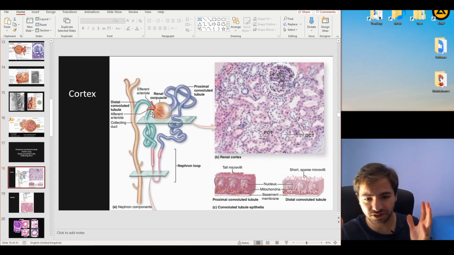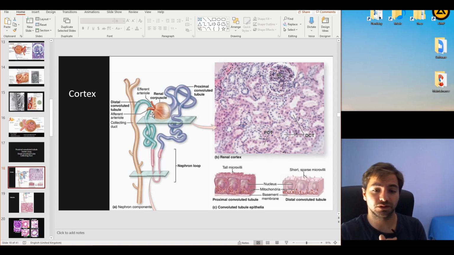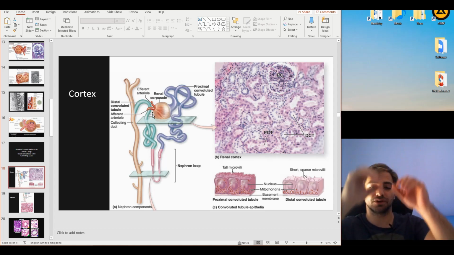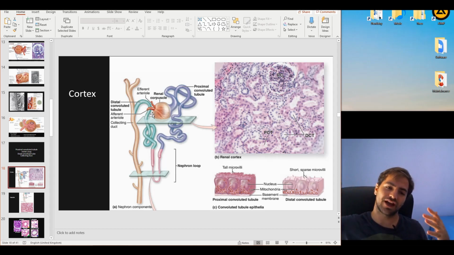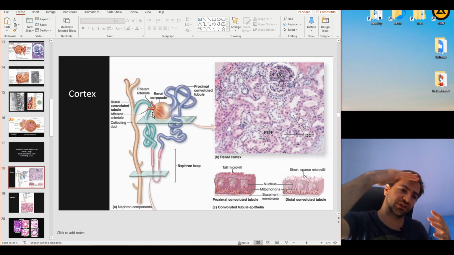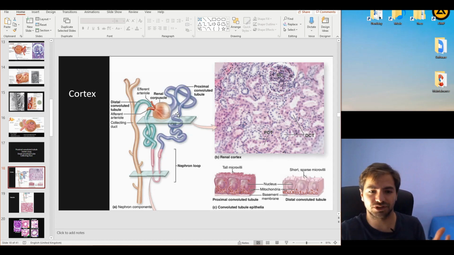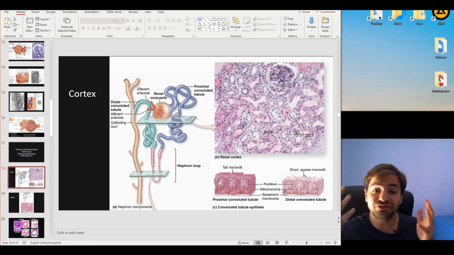So most of the renal corpuscles, most of the glomeruli are going to be present in the cortex. So if you have in your head the section of the cortex along with the glomerulus, you should understand that you are going to find the proximal convoluted tubule, which, as the name suggests, is close to the renal corpuscle, because this is the first segment.